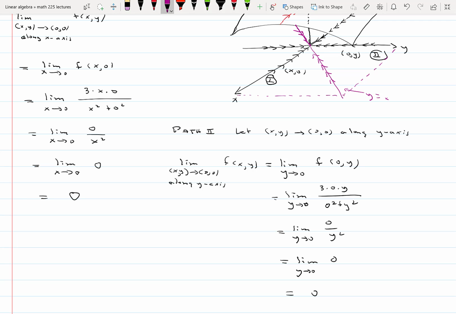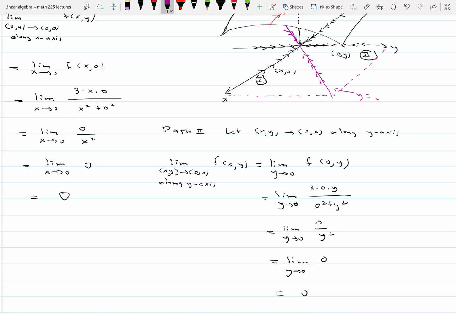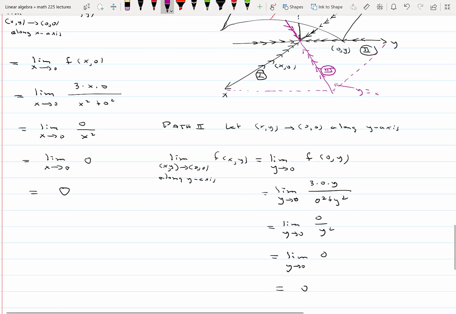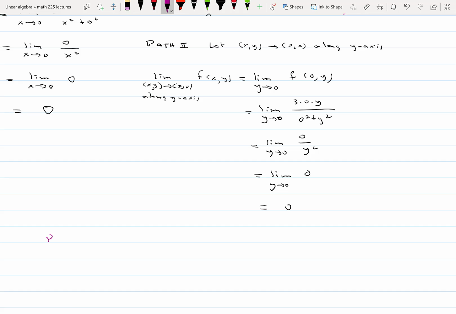So here's a portion of the line y equals x in quadrant 3 in purple, and in quadrant 1. So for path number 3, we'll call it the purple path, let's let x and y approach the origin along the line y equals x.